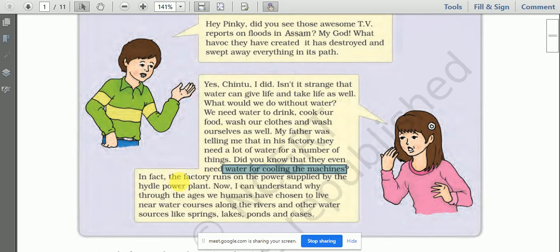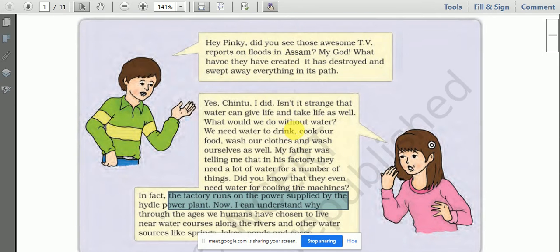Then the factory runs on the power supplied by hydel power. Means the electricity that we use is also derived from water, what we call hydel power. So this is the importance of water in day-to-day life and in economic activities.